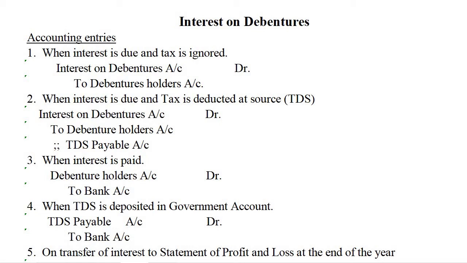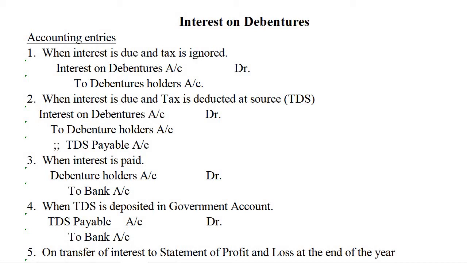So first you can pass the journal entry for payment of interest to debenture holders. The journal entry will be debenture holders account debit to bank. Then after that you can pass the journal entry for payment of TDS to government. The journal entry is TDS payable debit to bank.